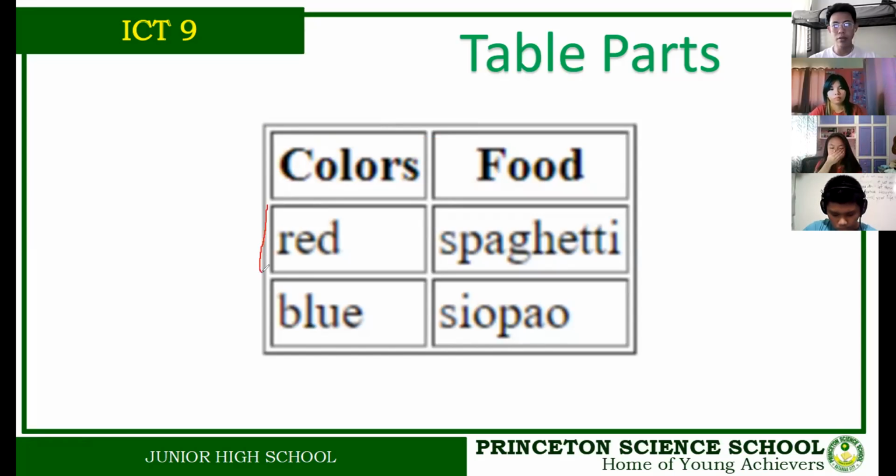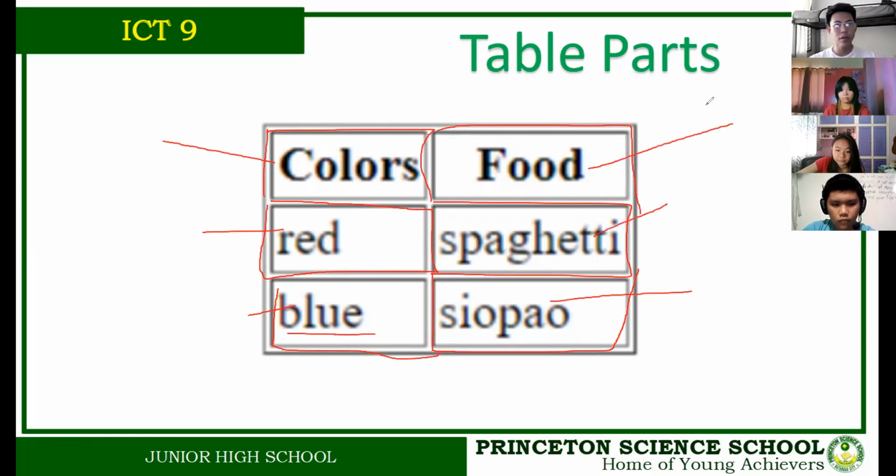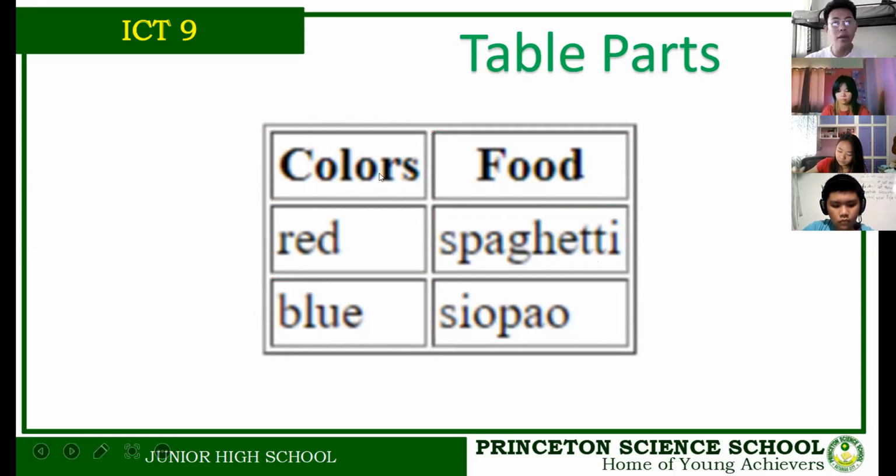And then table cells, they are the boxes containing the contents. And of course, the table data is the one inside. In this case, the number of cells inside this table is 6. If we count 1, 2, 3, 4, 5, 6. So that is how we are describing or looking at the parts of the table.